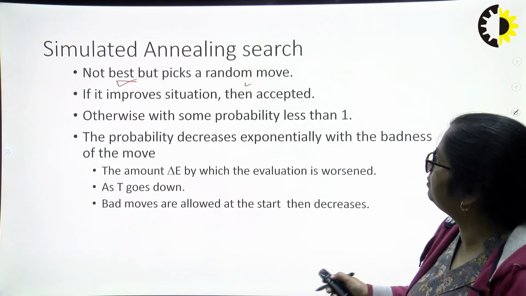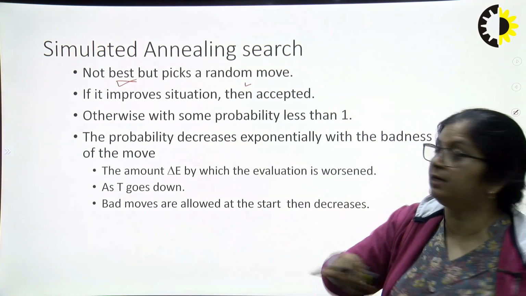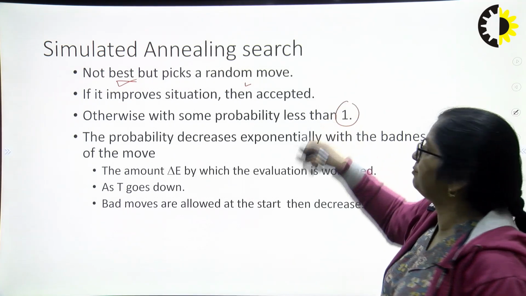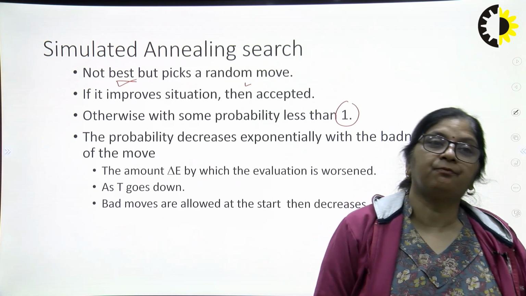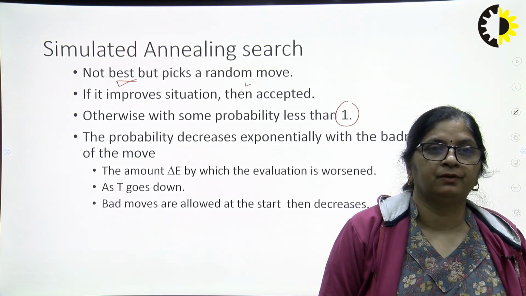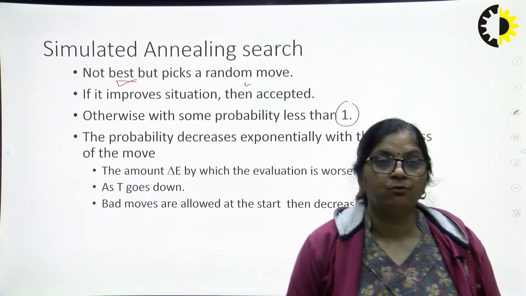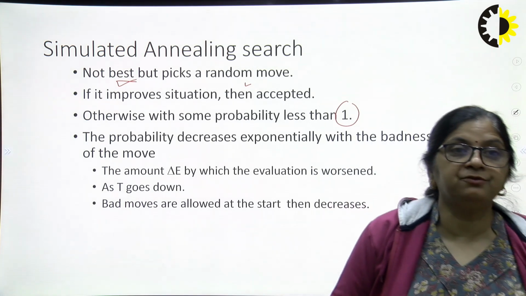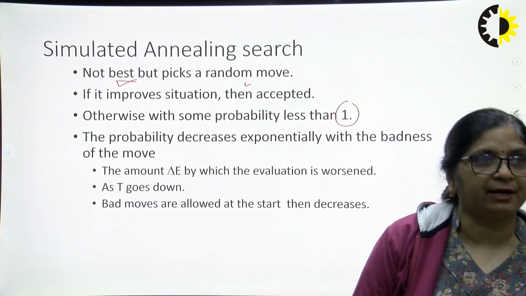So we may accept it, with a probability of acceptance. It's not always 1, it is something less than 1. Always 1 would mean we always take bad moves. No, we are considering the bad moves with a probability. There are chances of selecting the bad move.